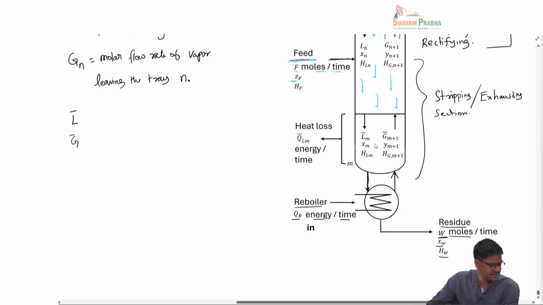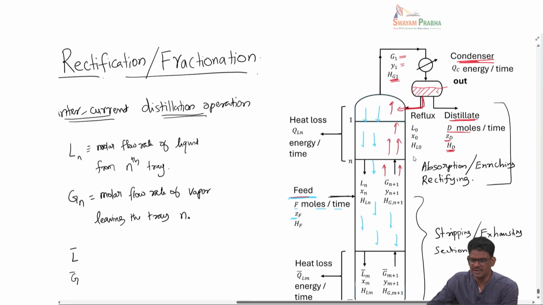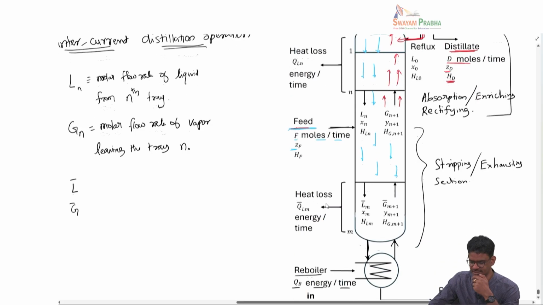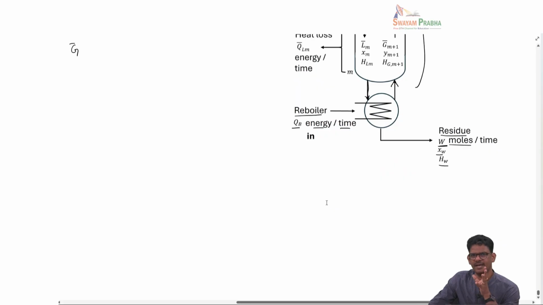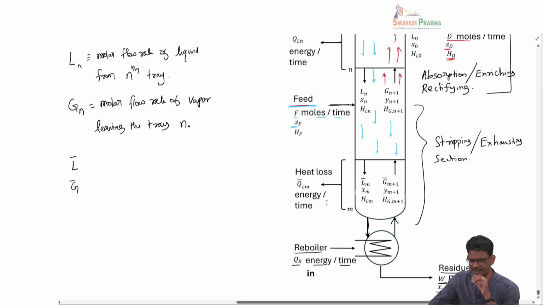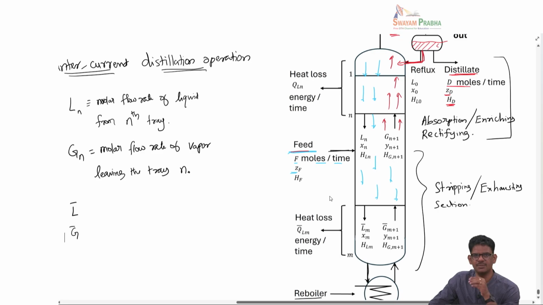But before we do that, let us do a small material balance and energy balance about this column. Then I'll discuss how to draw the operating lines and find the number of stages. From the design point of view, as in the absorption column, what we would like to know is the number of theoretical stages for a particular separation.